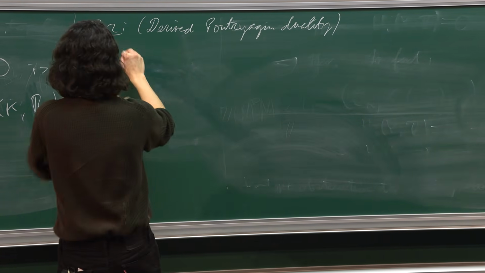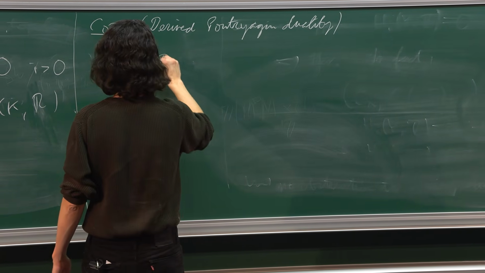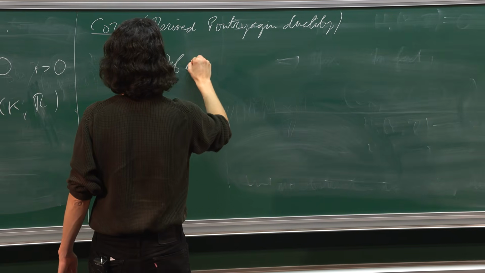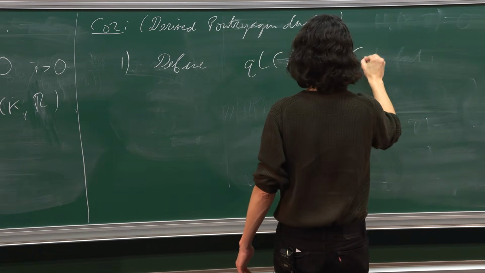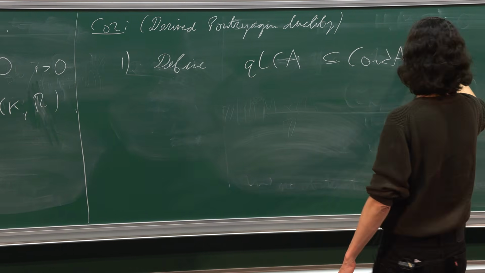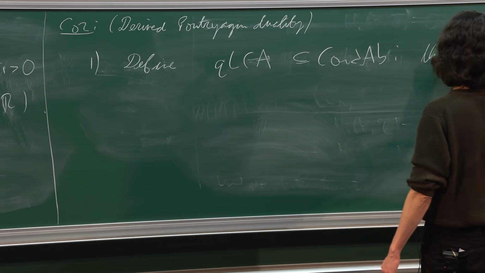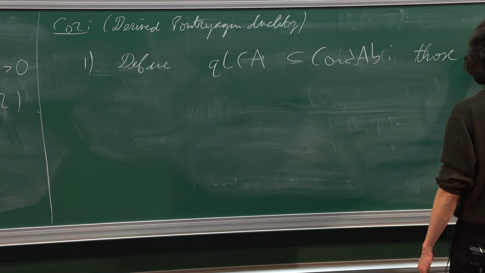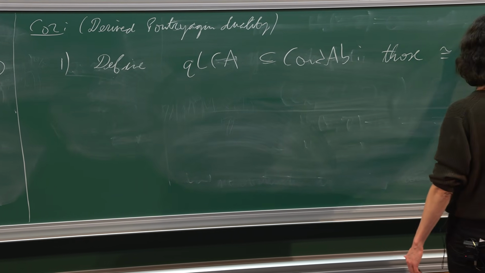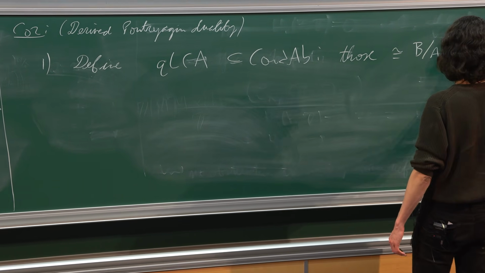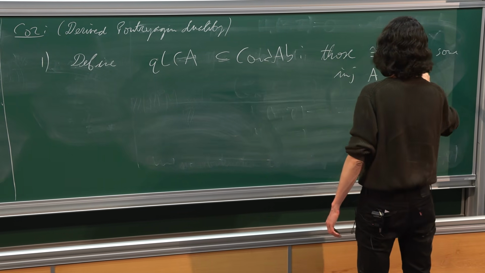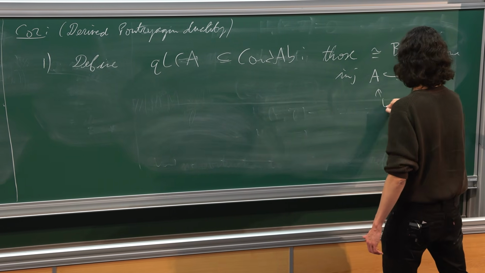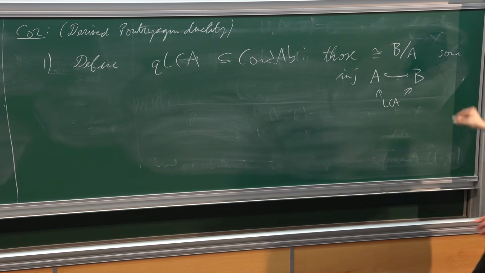So the first part is that, so define QLCA, a full subcategory of condensed abelian groups, consisting of those condensed abelian groups which are isomorphic to a quotient B mod A for some injection A to B, with both of these in locally compact abelian groups.